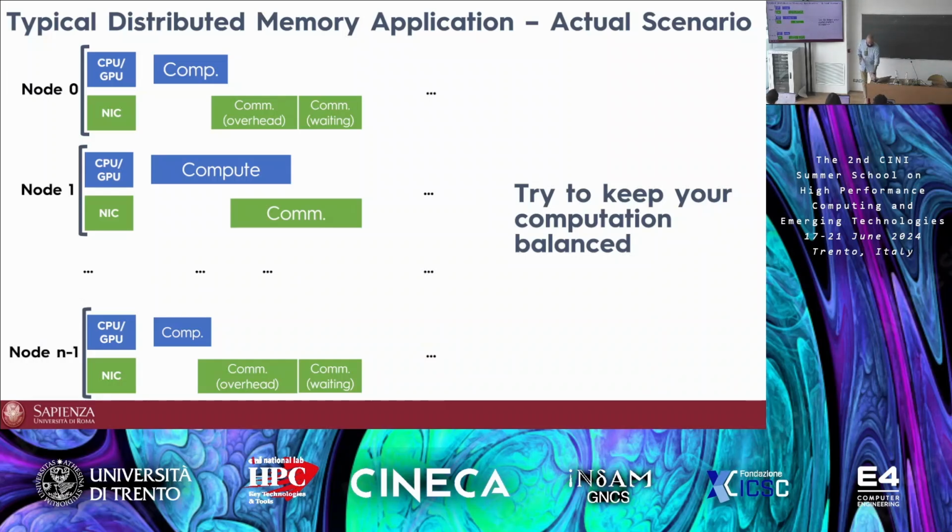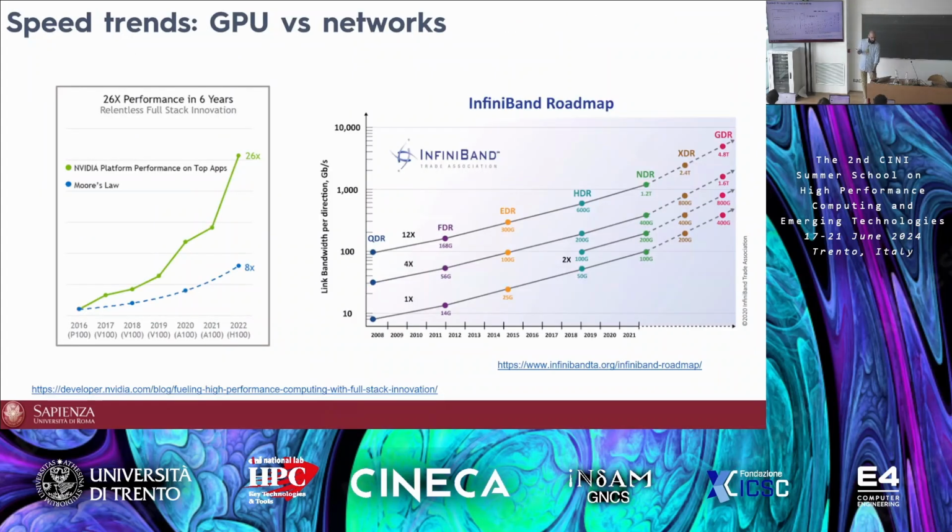Now, things are going to get worse. Technologically speaking, this is not something that's going to disappear with the new technology. Why? If we see how fast the network gets year after year and how fast the GPUs get year after year, you can see that GPUs get a lot faster because of a lot of technological innovation, the way the architecture works.